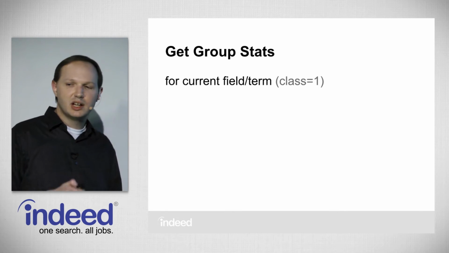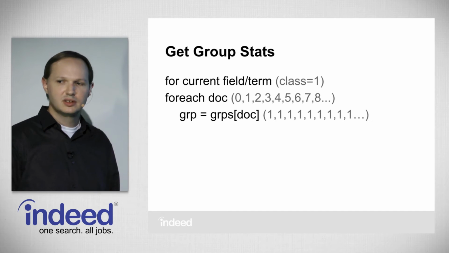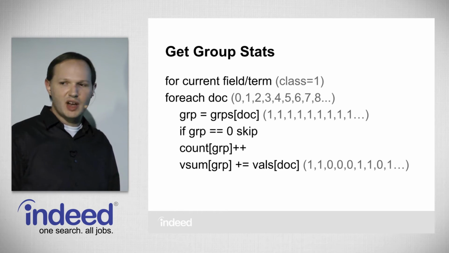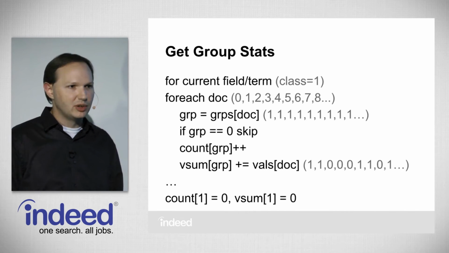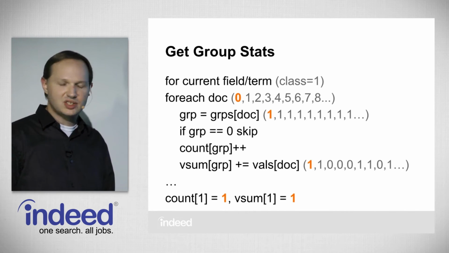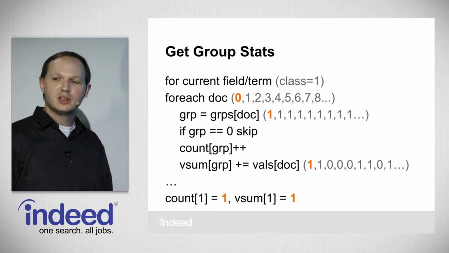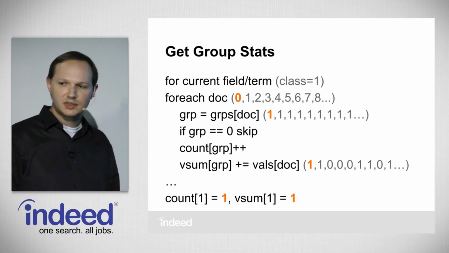So for the Titanic data, we're going to look at first class first. These are the different passengers who are in first class. These are the groups that those passengers are currently in. And this is whether those passengers survived or not. So we're going to step through this data, start with a count of group 1 having 0 passengers, 0 survivors, and just step through it one document at a time. We look up its group. It's in group 1, so we increment the count for group 1. Passenger 0 survived, so we're going to increment vsum.